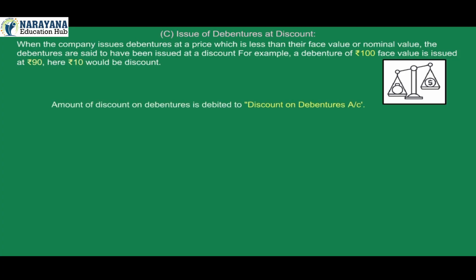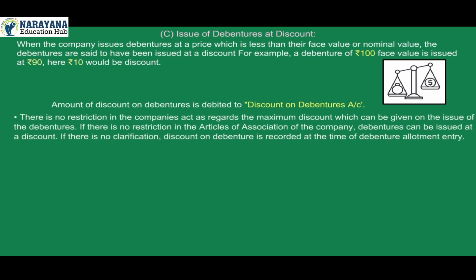Amount of discount on debentures is debited to discount on debentures account. There is no restriction in the Companies Act as regards the maximum discount which can be given on the issue of debentures. If there is no restriction in the Articles of Association of the company, debentures can be issued at a discount. Discount on debentures is recorded at the time of the debenture allotment entry.